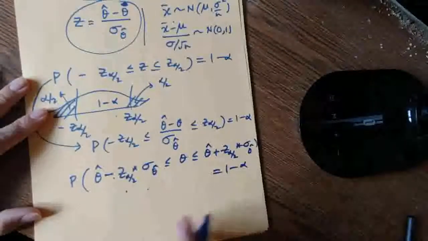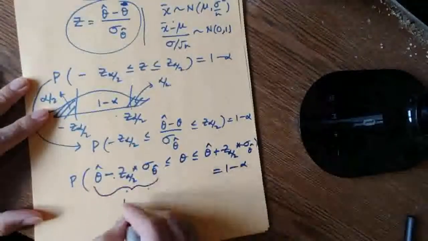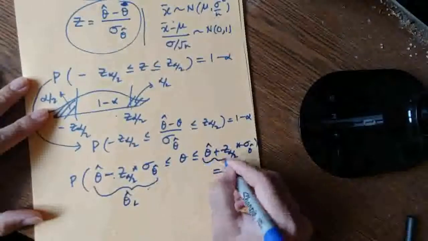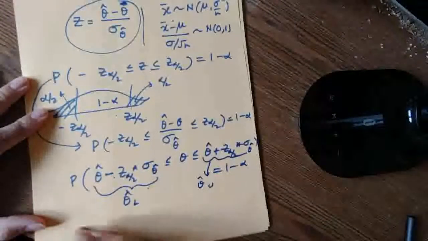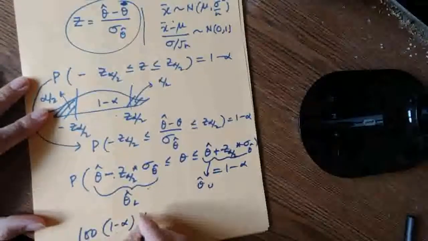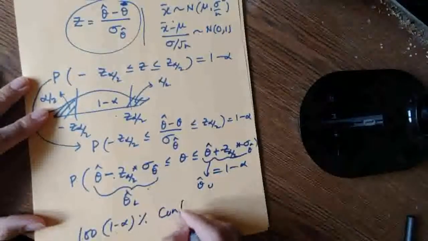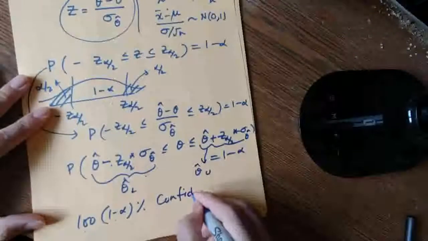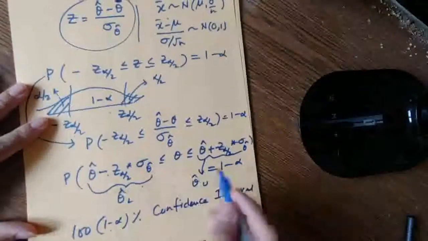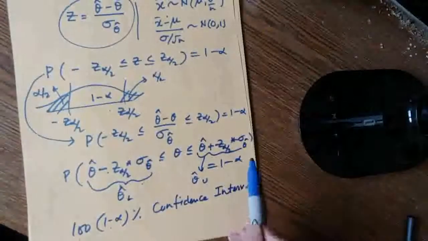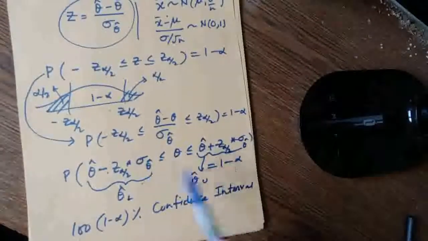This is the lower limit, theta hat L. This is theta hat U, and this is what we call the 100 times 1 minus alpha percent confidence interval. So this is the formal definition of the confidence interval if normality is our assumption.